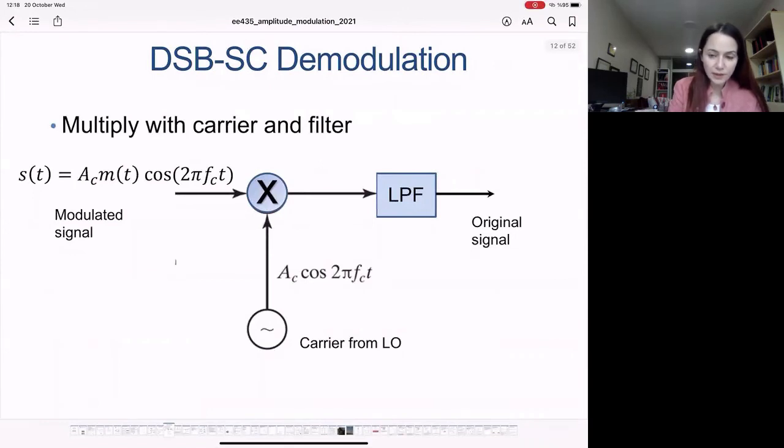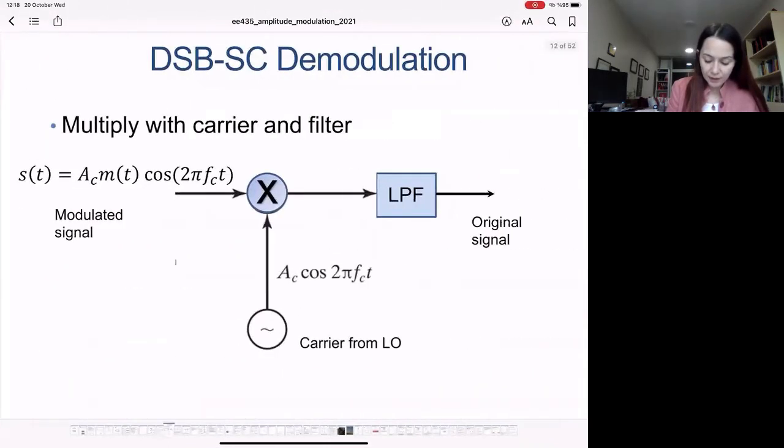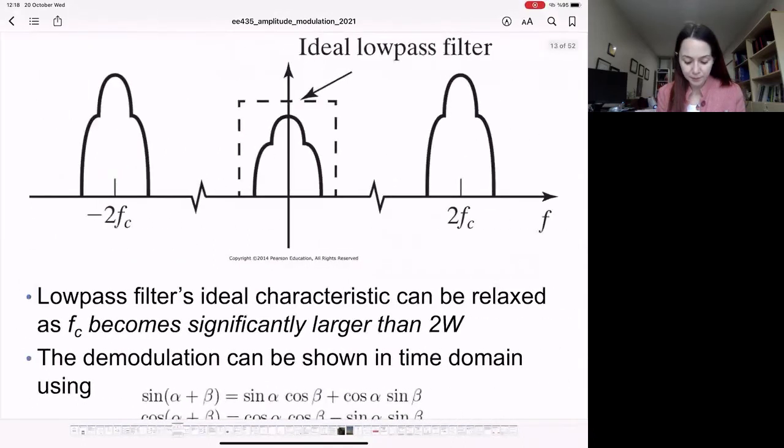This is our, as I said, assumed for now that the received signal is the same as the transmitted signal. And this is the carrier from the local oscillator. Assume for now that it has perfect frequency at FC. Okay, and there's no frequency offset, that is. And when we multiply and low pass filter it, let's see what happens.